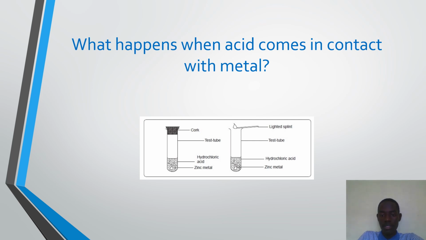On the other side, in the other diagram, there is a lit splint at the top of a test tube, where the test tube contains hydrochloric acid and zinc metal. This diagram we will use to explain what happens when acids come in contact with a metal. In this case, the metal we are going to emphasize is zinc, while the acid is hydrochloric acid.